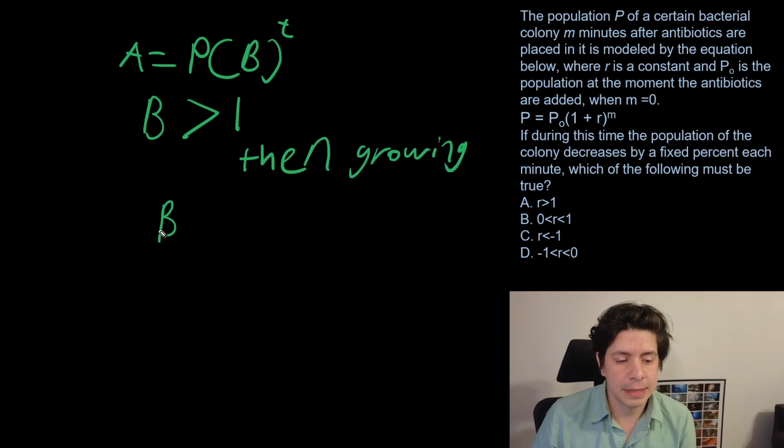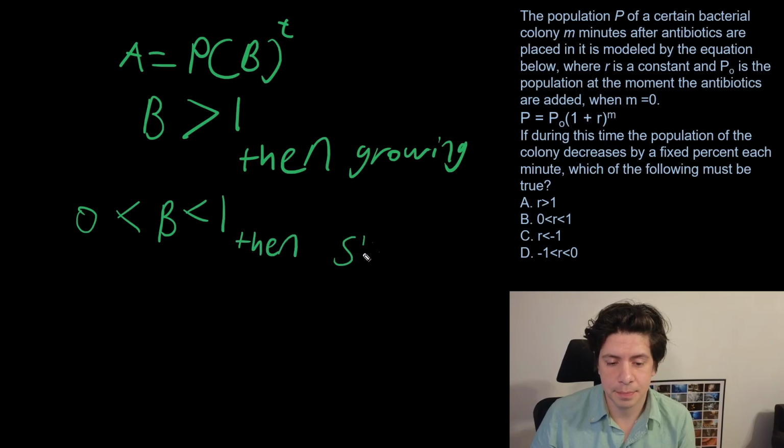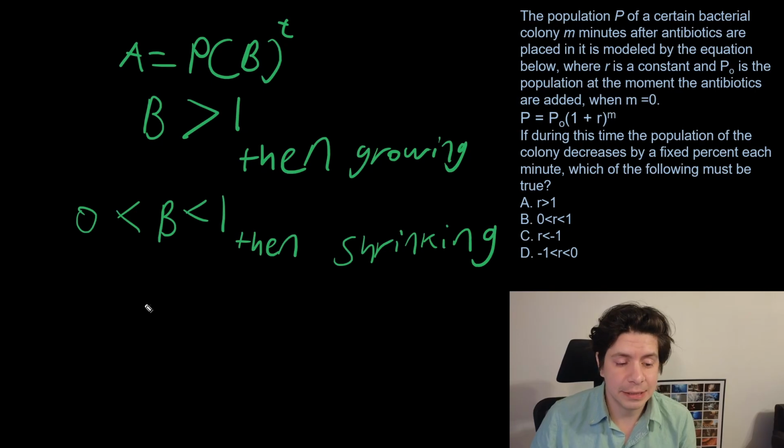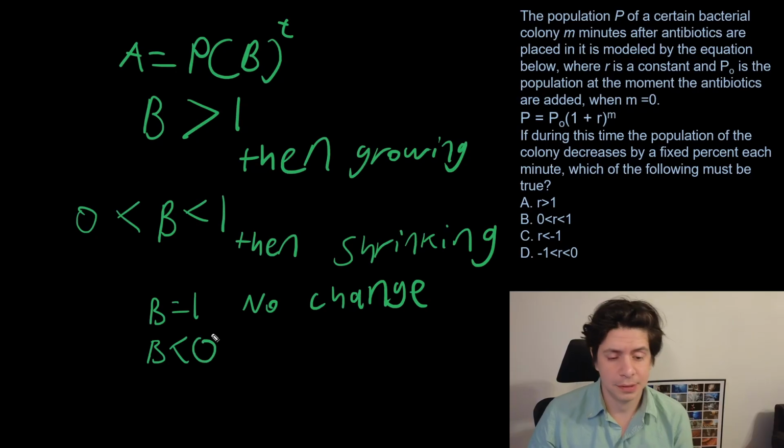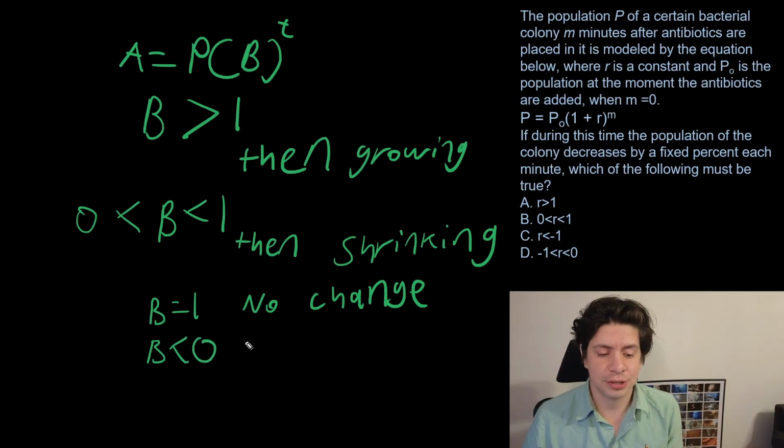If base is greater than 0 but less than 1, then shrinking. If base equals 1, then it stays constant. And if that base is less than 0, then that is just weird.